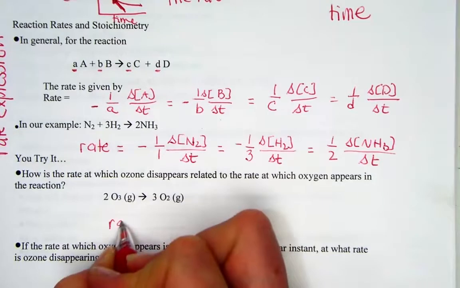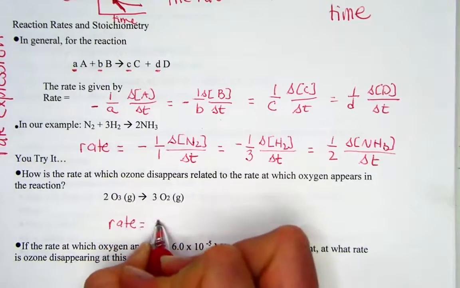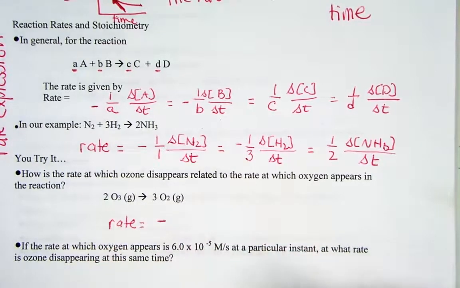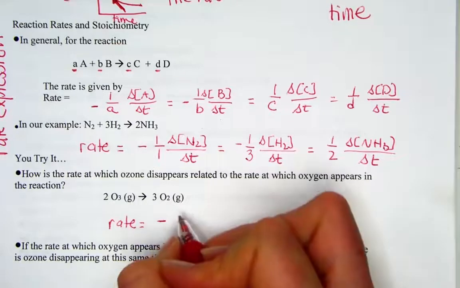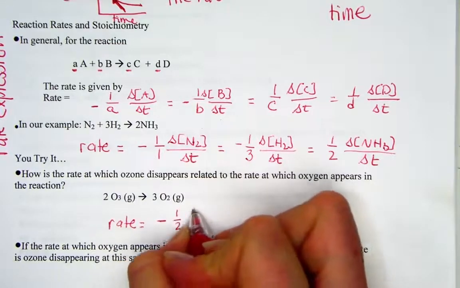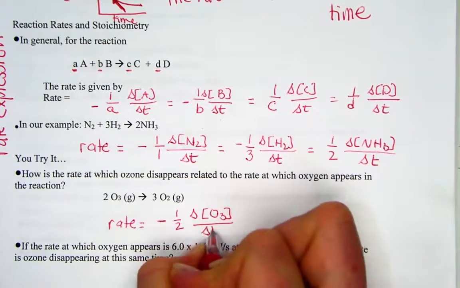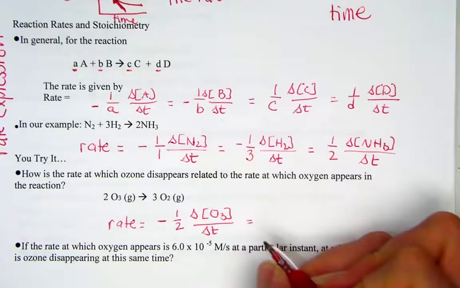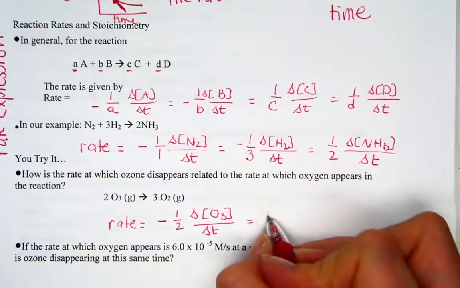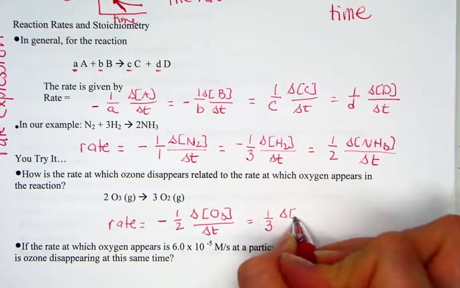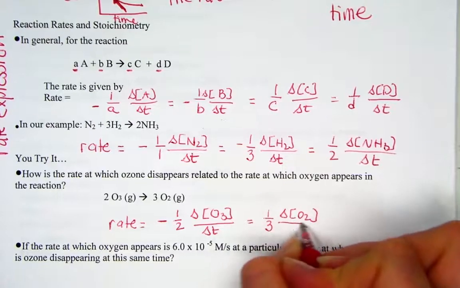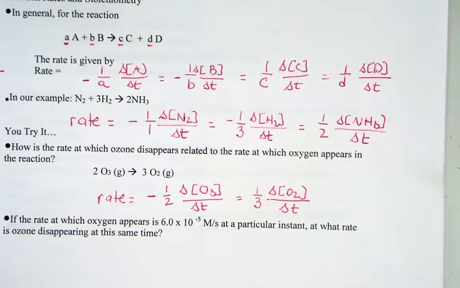The rate at which ozone disappears, and there's the negative sign to remind us that it's disappearing, would be negative 1/2 the change in concentration of ozone over a change in time, set equal to 1/3 the rate at which oxygen, molecular O2, forms over a change in time.